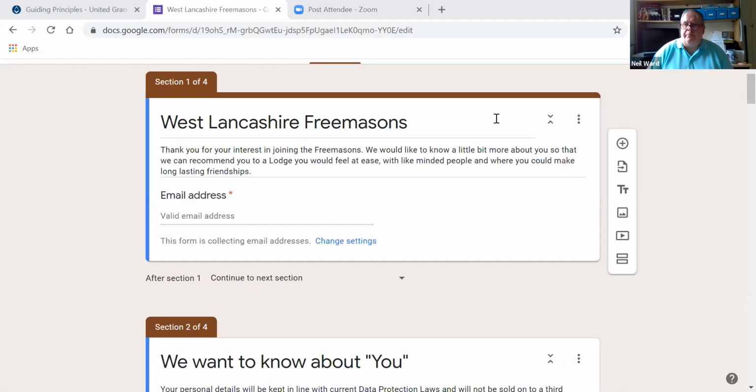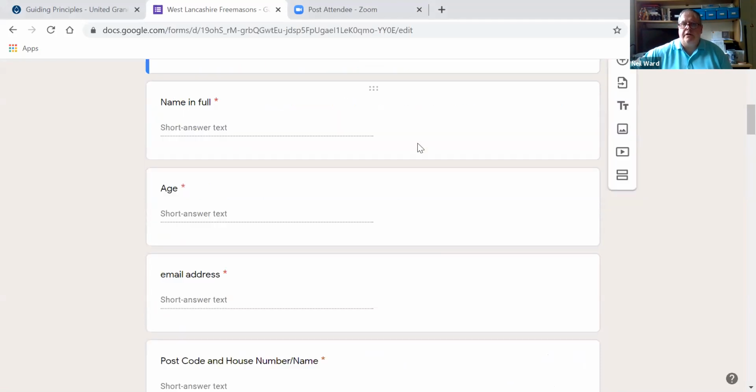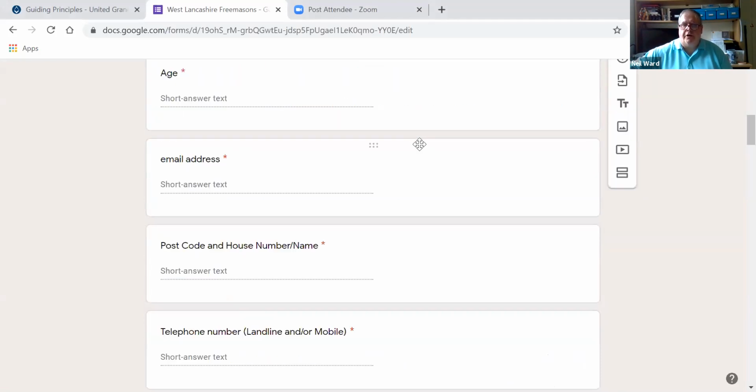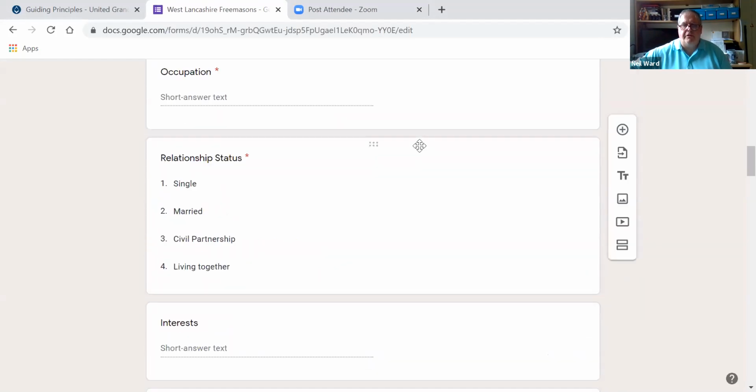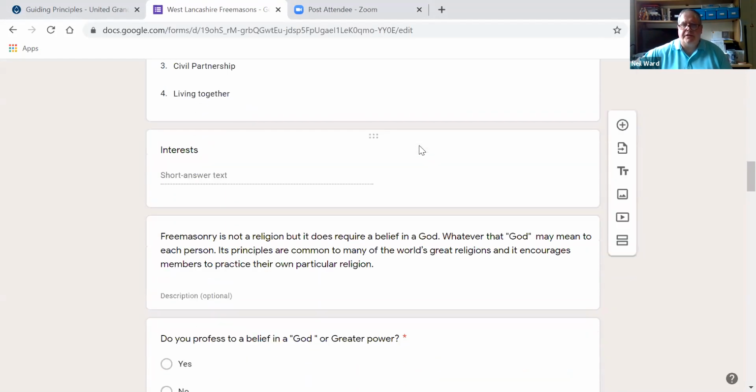Now we have the members pathway. I've designed this form that gets sent to them along with an introductory separate email, and it asks all the questions that the group membership officers would ask, such as email address, name, age, date of birth, hobbies and interests, occupation, marital status, and things like that.